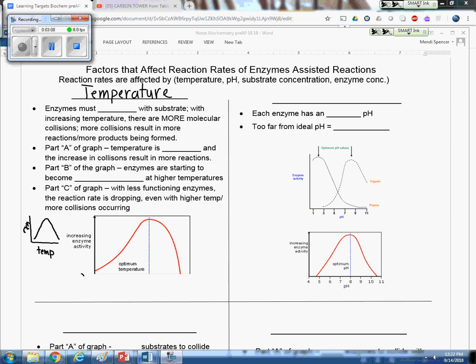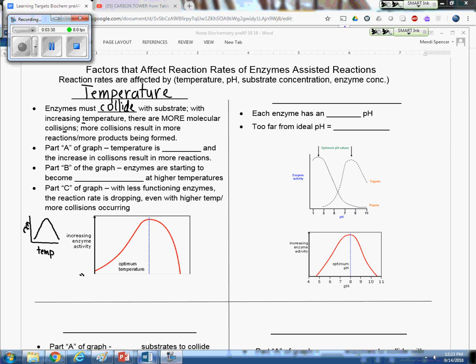So to understand the shape of this graph, you first have to understand that enzymes must collide with their substrates. And as you increase temperature, there's going to be more motion and more collisions. And so you're going to get more product formed as you warm up this beaker or this reaction.